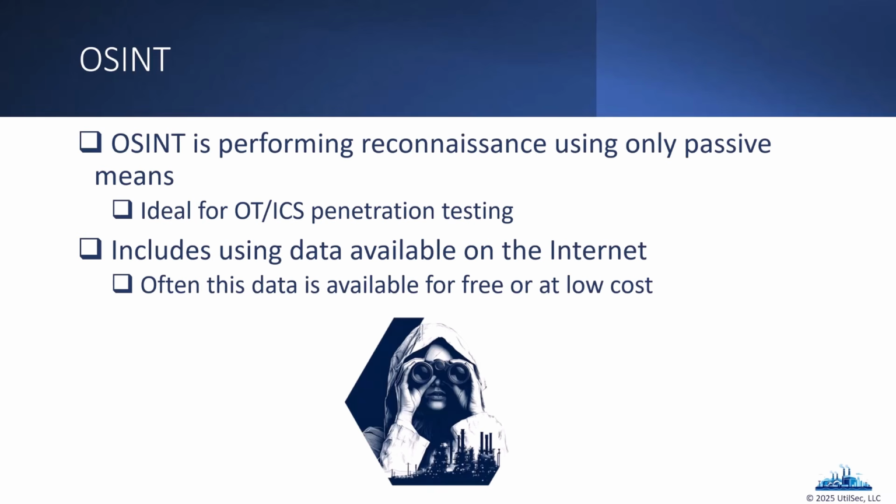And this is where we're just leveraging the data that's out there on the internet that's available for us to access. Again, it could be behind a paywall or not. Like Shodan's a great tool that everybody loves to use for OT pen testing, but it comes with a limited free account.